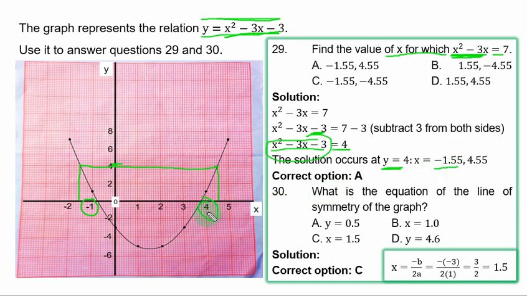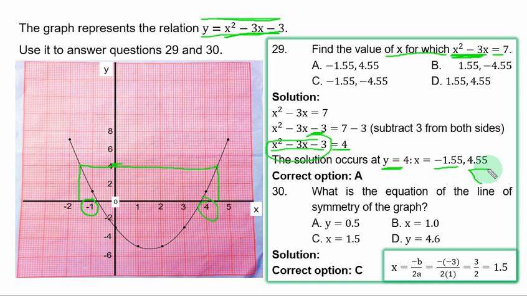And if you count from 4 to the right, where it is between 4.5 and 4.6, hence we take 4.55. So, A is the correct option.